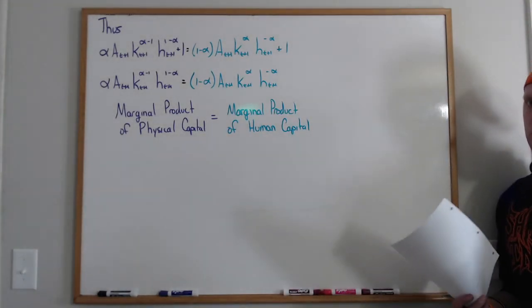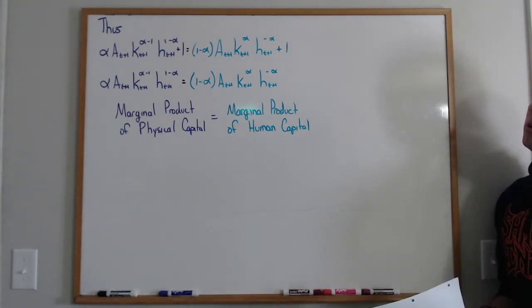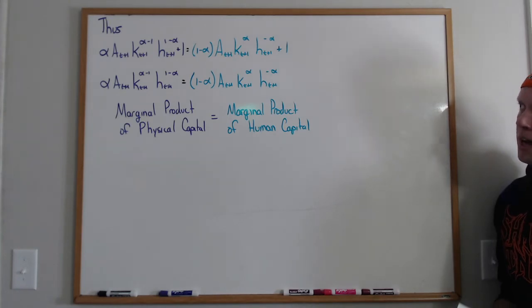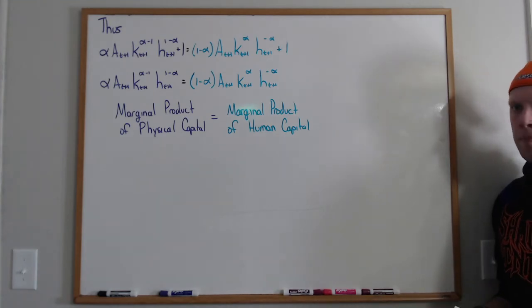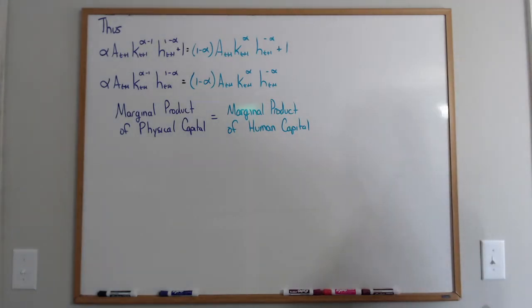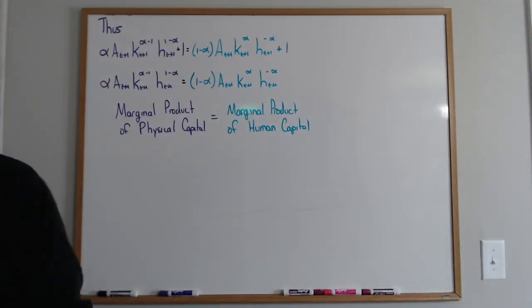So if output grows by, say, 2% by adding one more unit of physical capital, then in equilibrium output would also grow by 2% if I added one more unit of human capital. So that's what the marginal products being equal to each other implies.